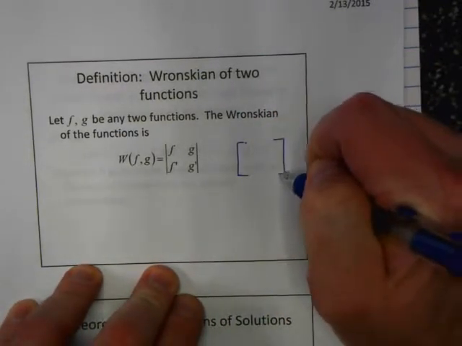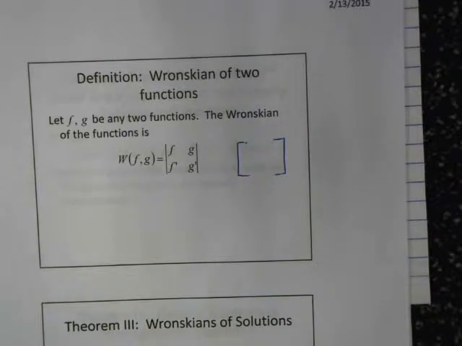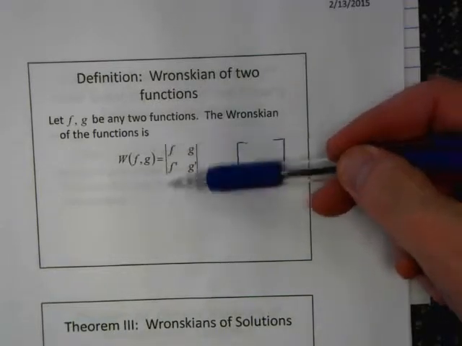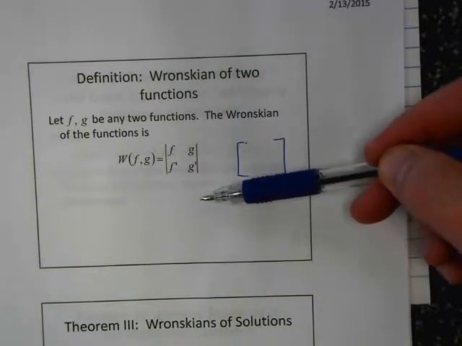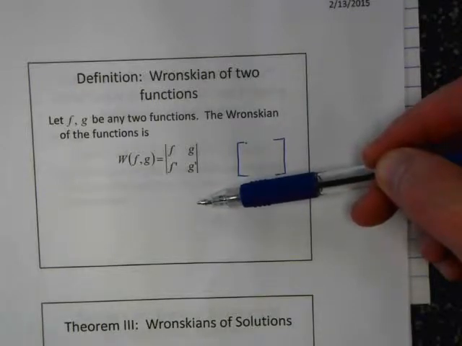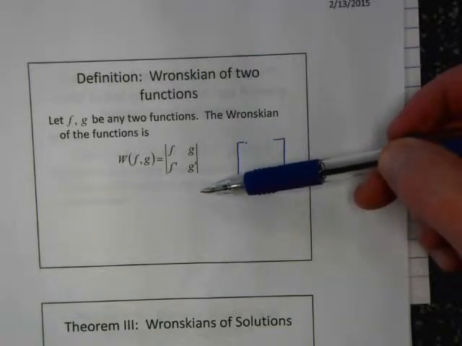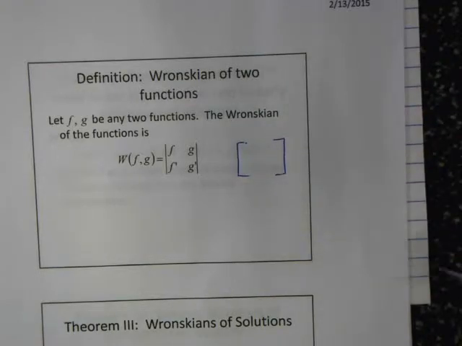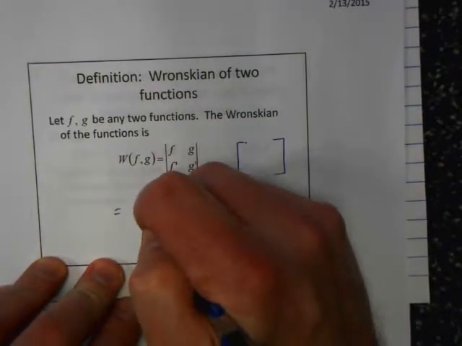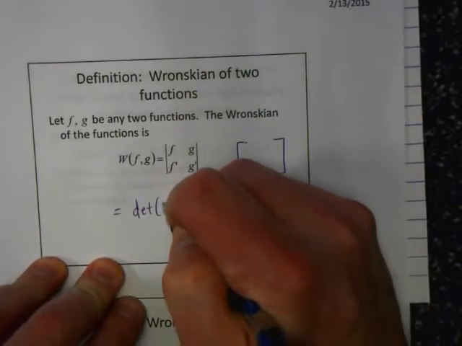This looks like absolute value, but it's not absolute value. If this were just a number, then that symbol would mean absolute value. Anybody know what this symbol means when you're dealing with matrices? This symbol is called determinant.